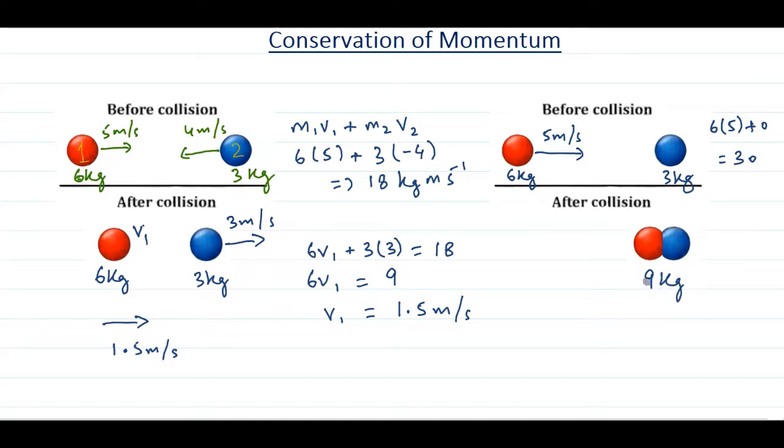The mass is 9, and we do not know the velocity, so let's call the velocity v. So 9 times v has to be equal to the total momentum we had before the collision, that was 30. So we can find the speed like this: 30 divided by 9, that's going to give me 3.33 meters per second.